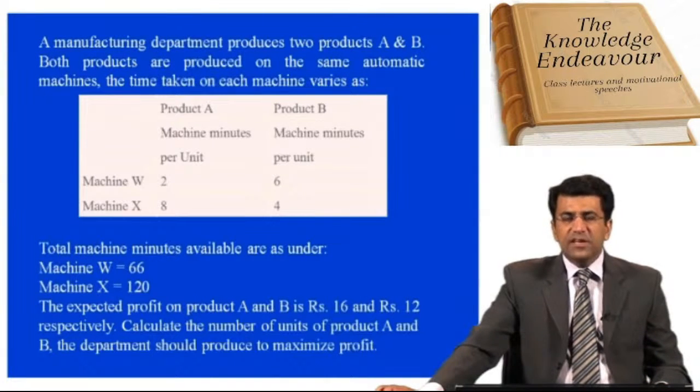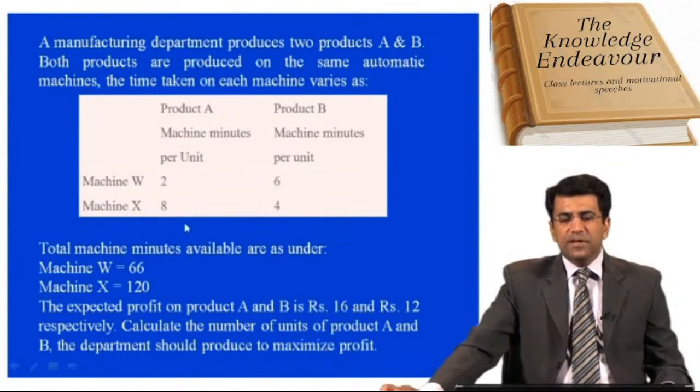In this particular case there are two types of machines through which both of these products will have to pass, that is machine W and machine X. Now one unit of product A takes 2 minutes on machine W and 8 minutes on machine X. Similarly, 1 unit of product B takes 6 minutes on machine W and 4 minutes on machine X.